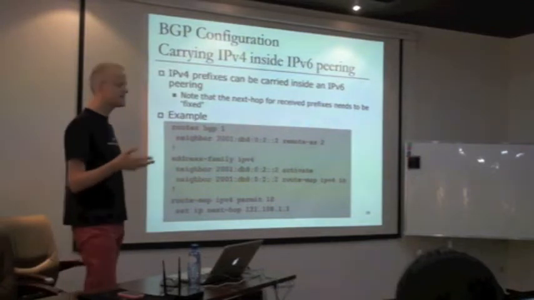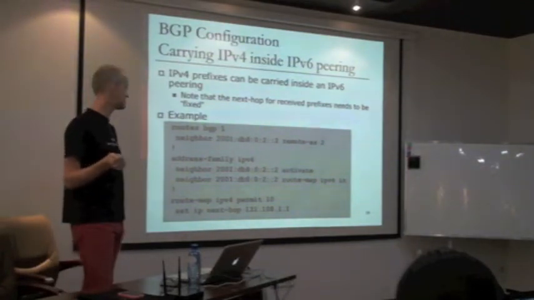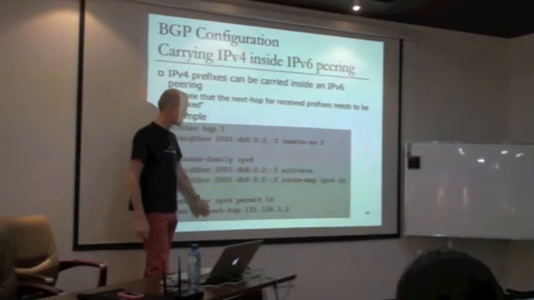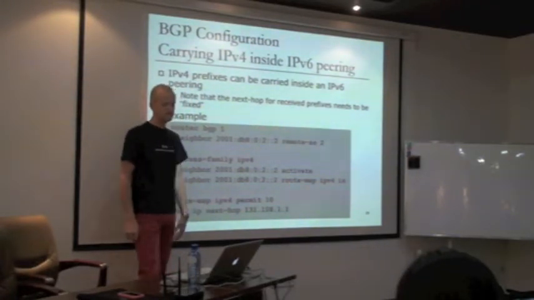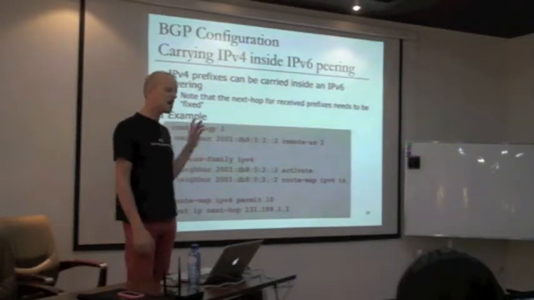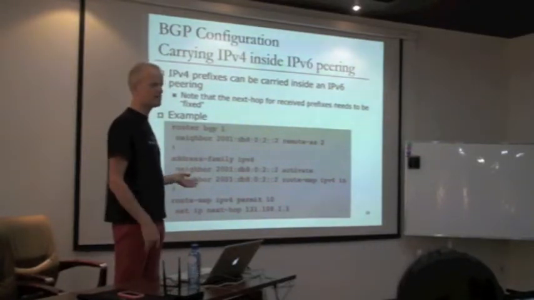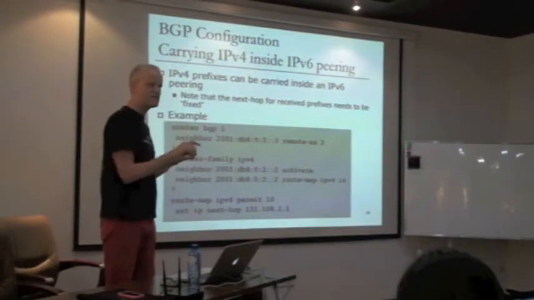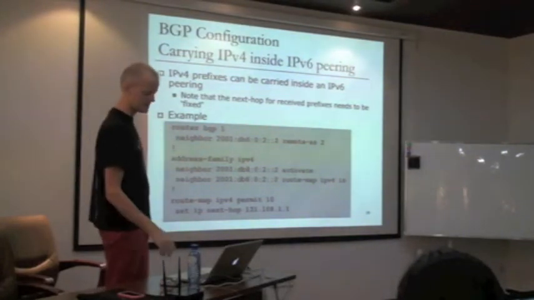The next hop for a v6 destination must be a v6 address. So even though we can carry the prefixes, we need to change the next hop like that. So again, this is unnecessarily complicated. It's better to run a v4 peering for v4 prefixes, and a v6 peering for v6 prefixes.